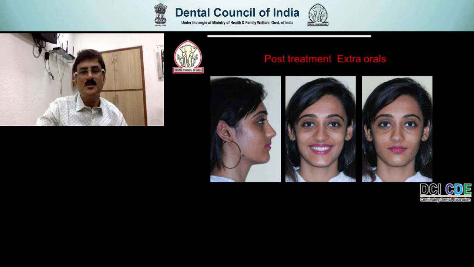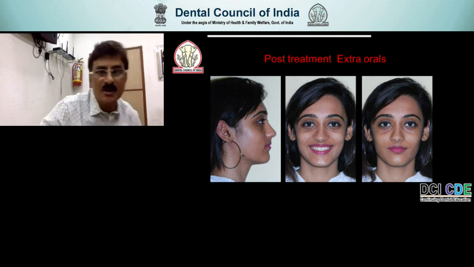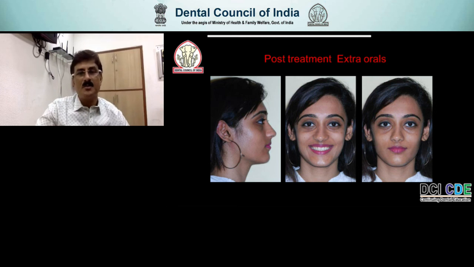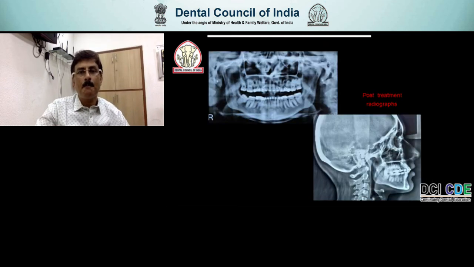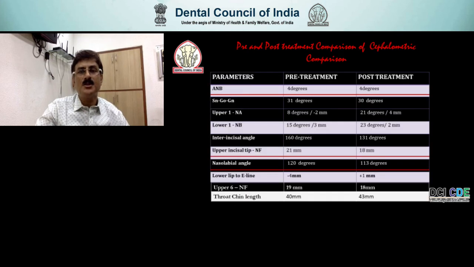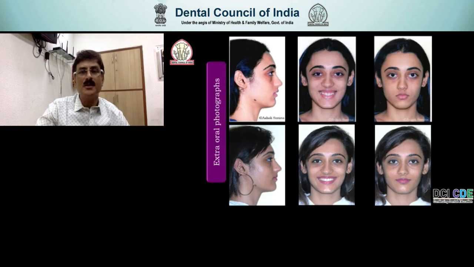The changes which we want to show to the patient are best appreciated on photographs, but otherwise their importance for diagnostic purposes is less, because you need some reliable measurement system, which is clinical. That's the changes. We tipped the incisors, intruded them, which resulted in such a big change.